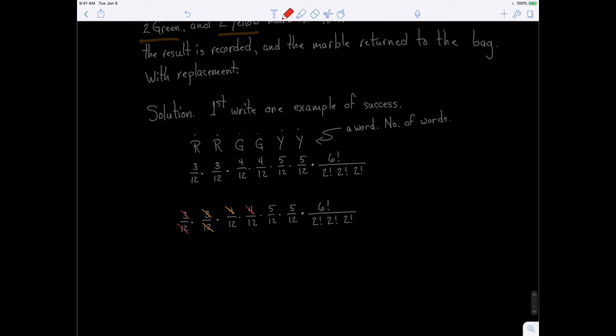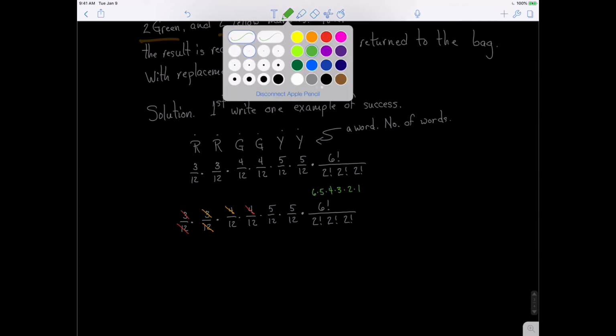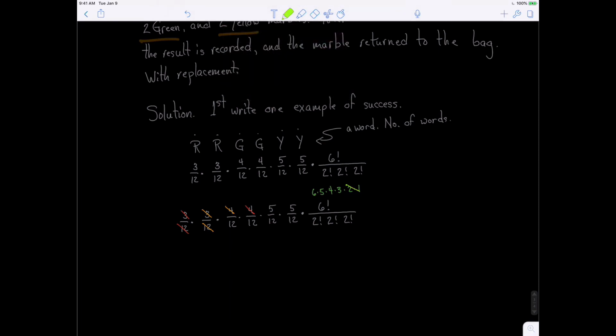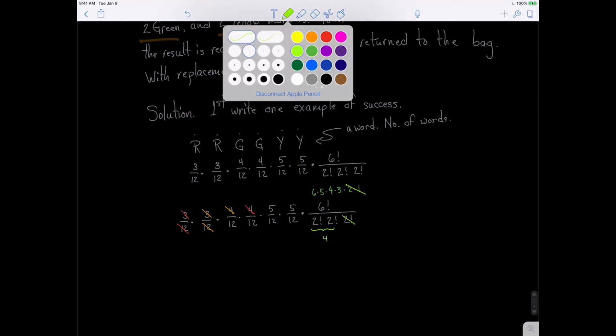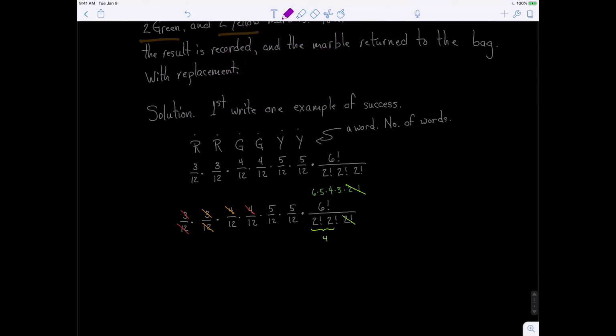Notice that 6 factorial is the same as 6 times 5 times 4 times 3 times 2 times 1. Here's a 2 factorial that we can cancel out. Let's cancel that 2 times 1 with that 2 times 1. And then I have a 2 times 1 times 2 times 1. Well, this is really just a 4. So I can cancel that 4 with that 4.